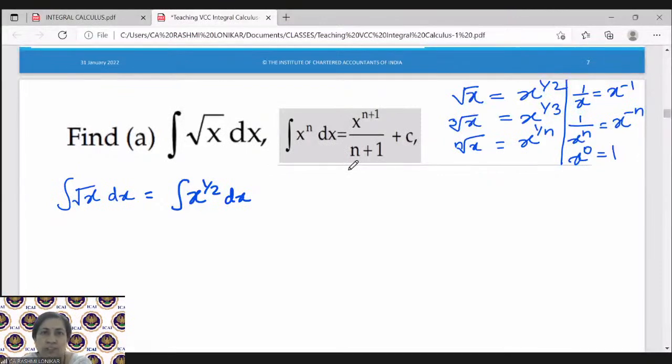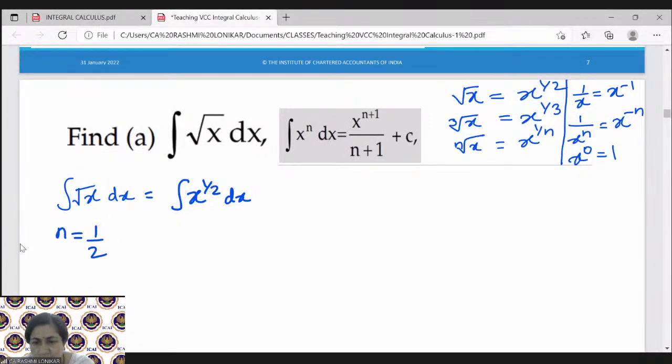So whenever you have this type of sum, you must remember the formula written over there. Which formula is it? Integration of x raised to n dx is equal to x raised to n plus 1 upon n plus 1 plus c. So what is my n here? n is equal to half, right?